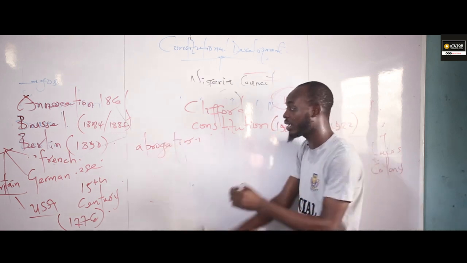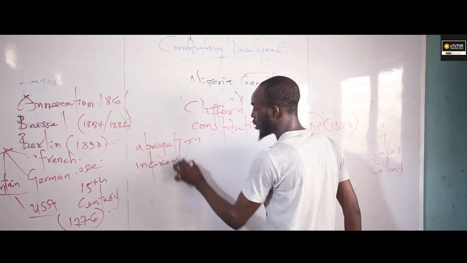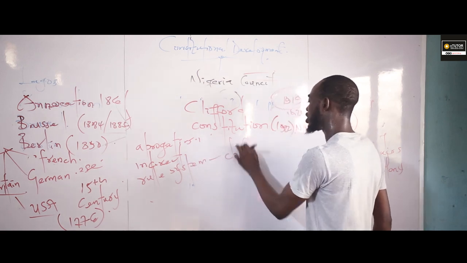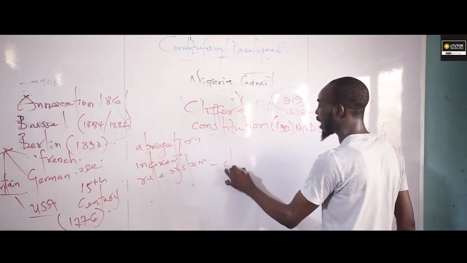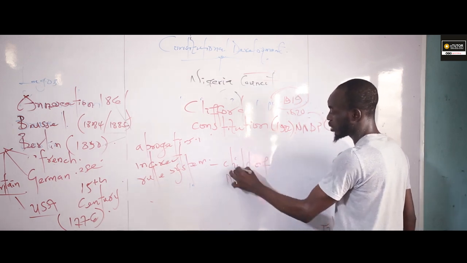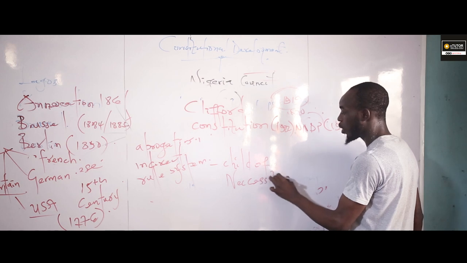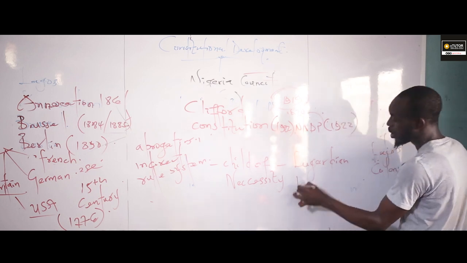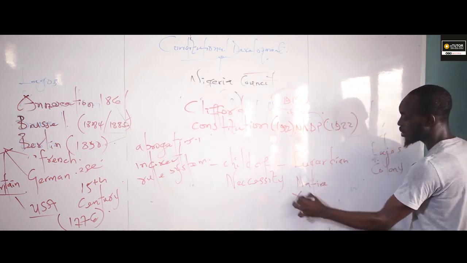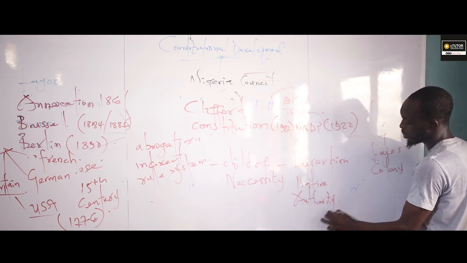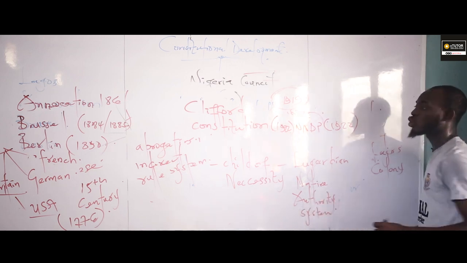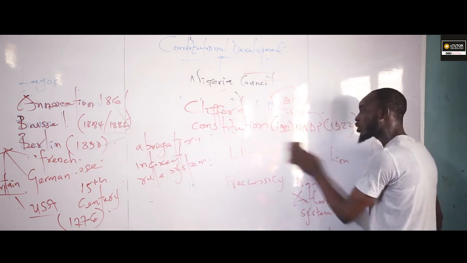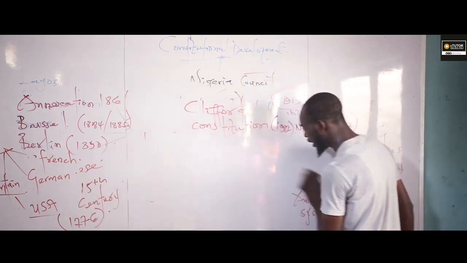Don't forget it was Lord Lugard that created the indirect rule system, which is also regarded as a child of necessity, or the Lugardian native authority system. These are the names we can also call the indirect rule system. So the Clifford Constitution existed in 1922.